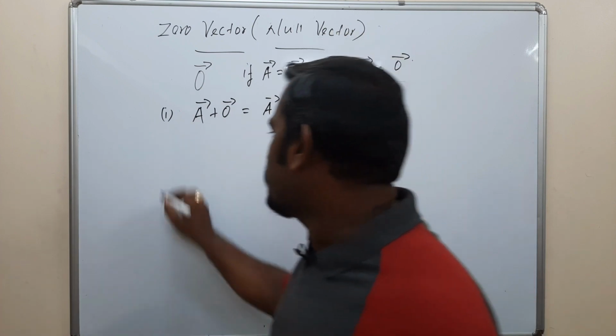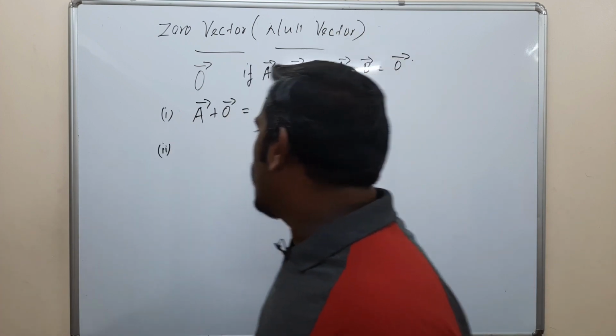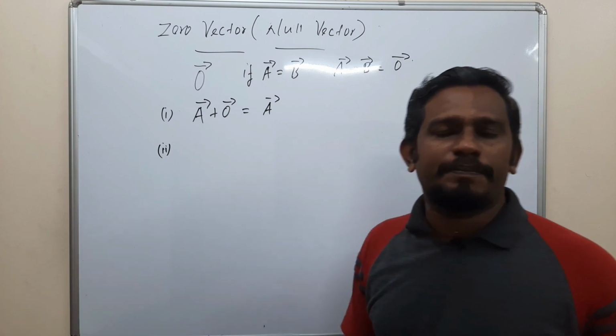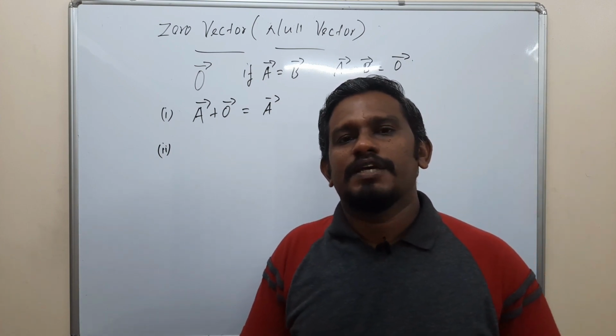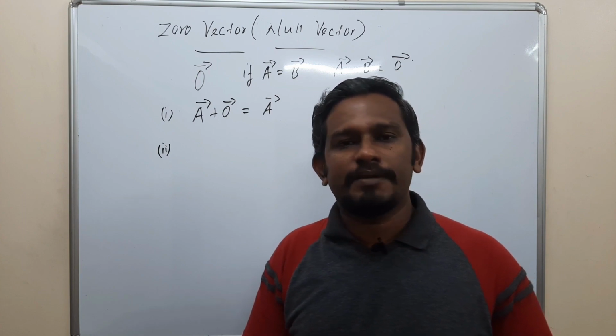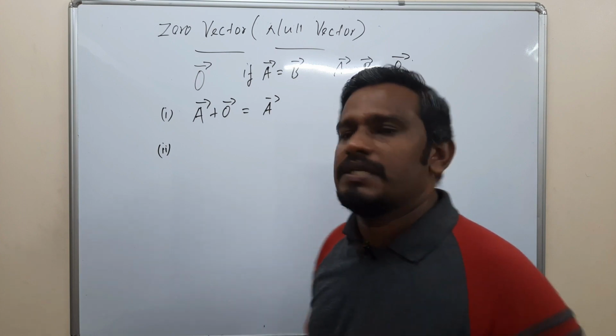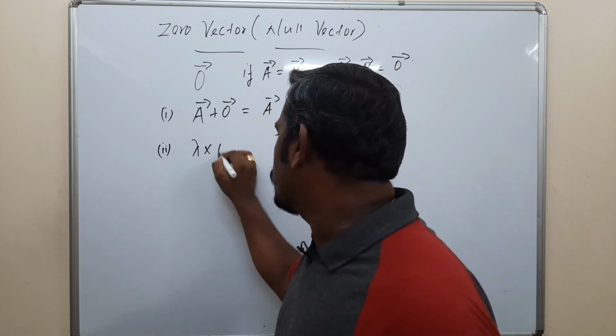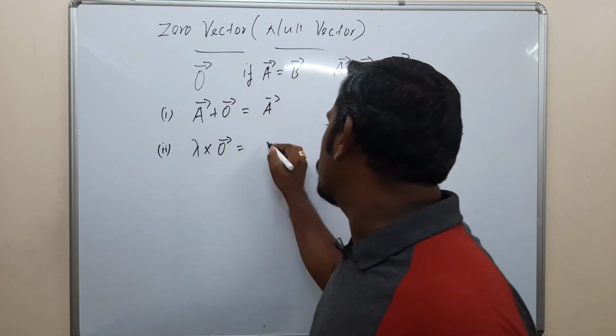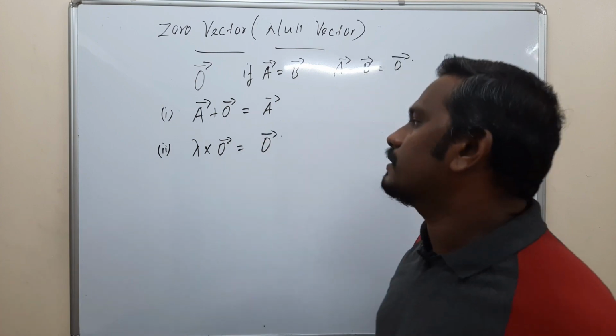Second property: if the zero vector is multiplied by a real number, we will get the zero vector. That is, lambda into zero vector is equal to zero vector.